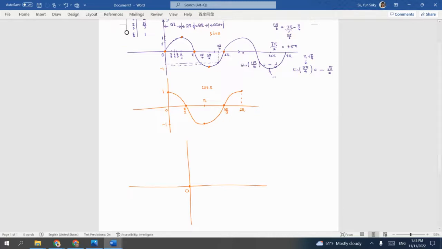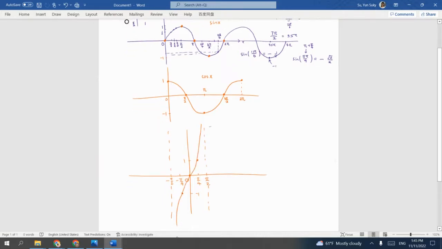And then pi over 4 is at 1. And then at pi over 2, we get an asymptote. And at negative pi over 4, we get negative 1. At negative pi over 2, we get a vertical asymptote. And then you connect those points smoothly. So this is tangent x.